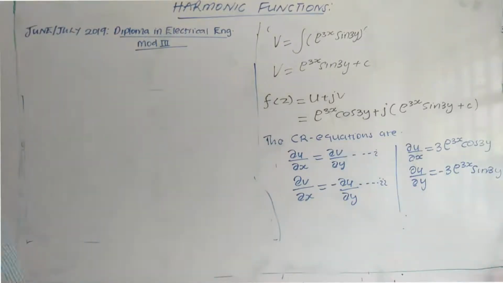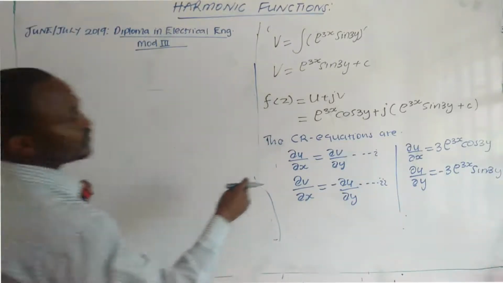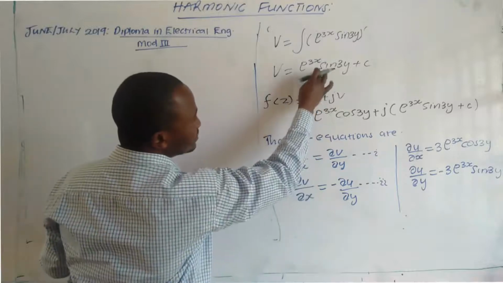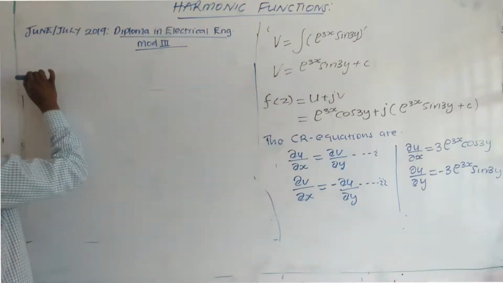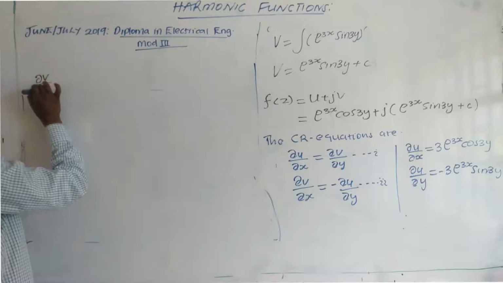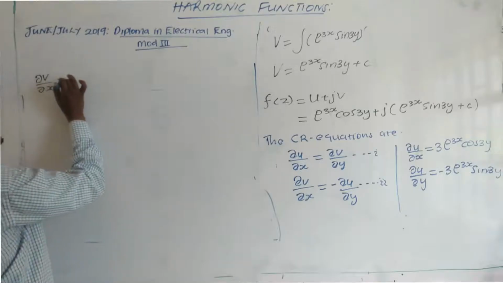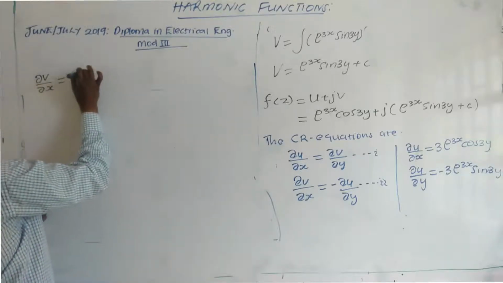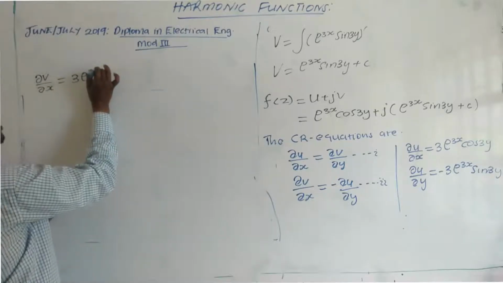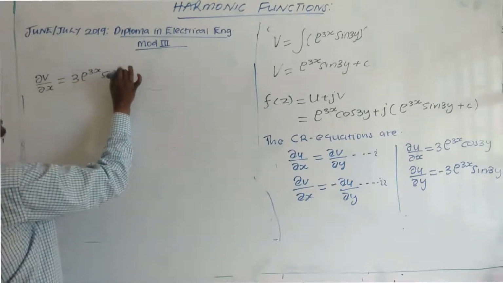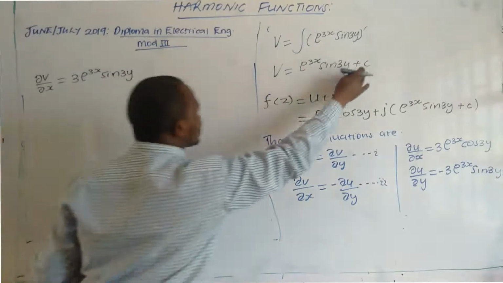If we now find the partial derivatives of v, partial derivative of v with respect to x is equal to 3 exponential 3x sin 3y. If you differentiate a constant, you get 0.